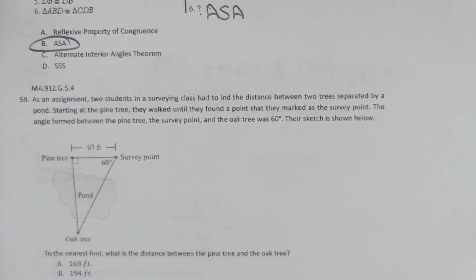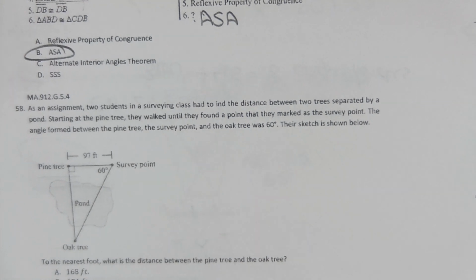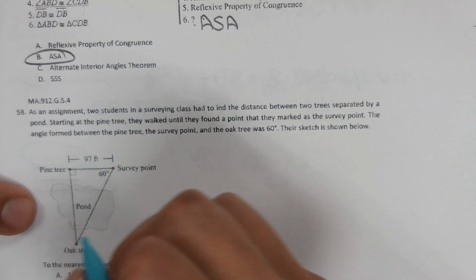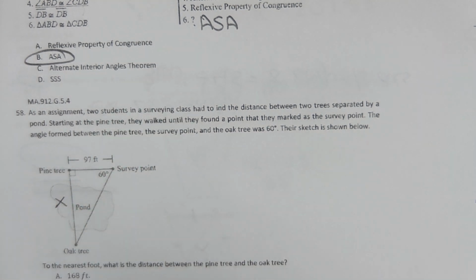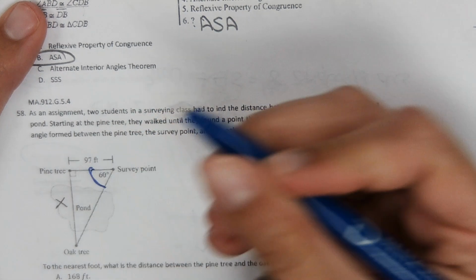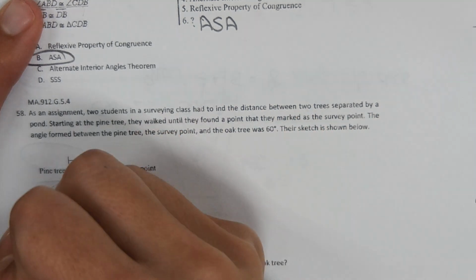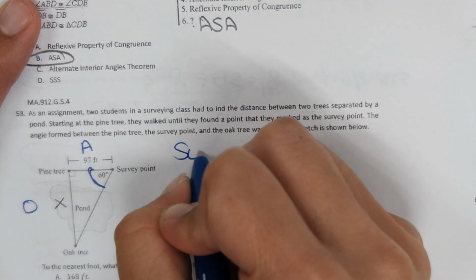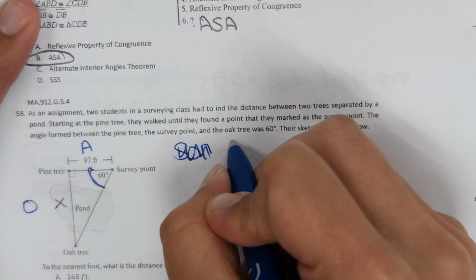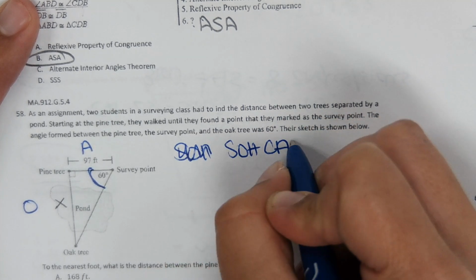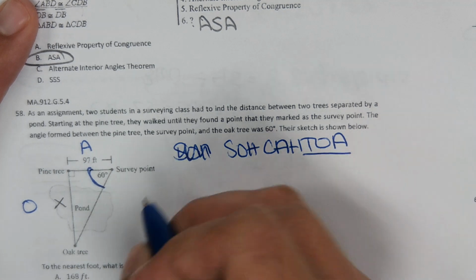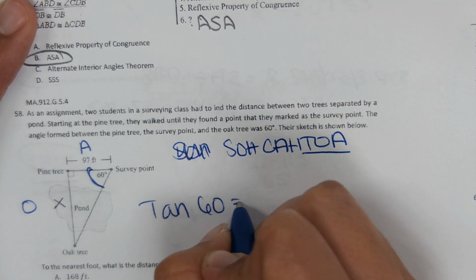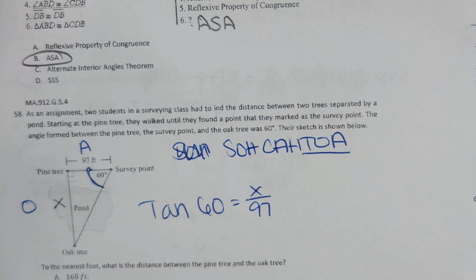Okay, 58. For this, it wants to know this length right here. So this is our x. Let's see. So for this angle, we're going to use SOHCAHTOA. This angle, you have opposite and adjacent. Tan of 60 equals x over 97.